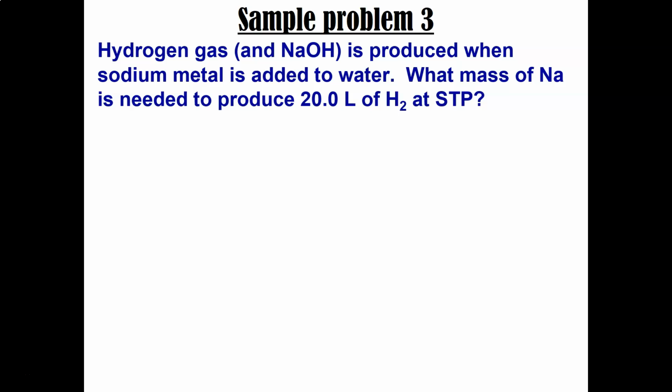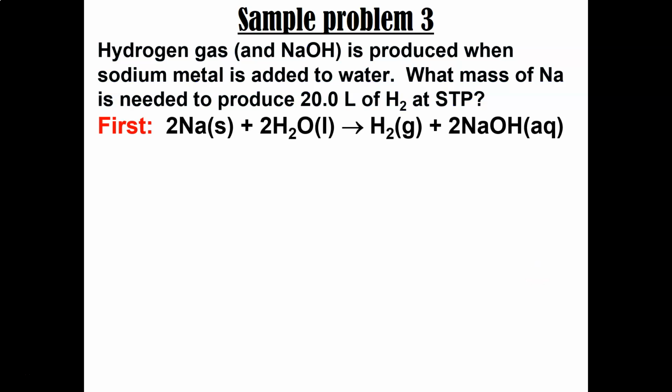So first we need a balanced equation. This time I'm starting with liters, aren't I? So I'm kind of going backwards from what we did on the earlier problem. I'm going from liters to moles of A to moles of B to grams of B.